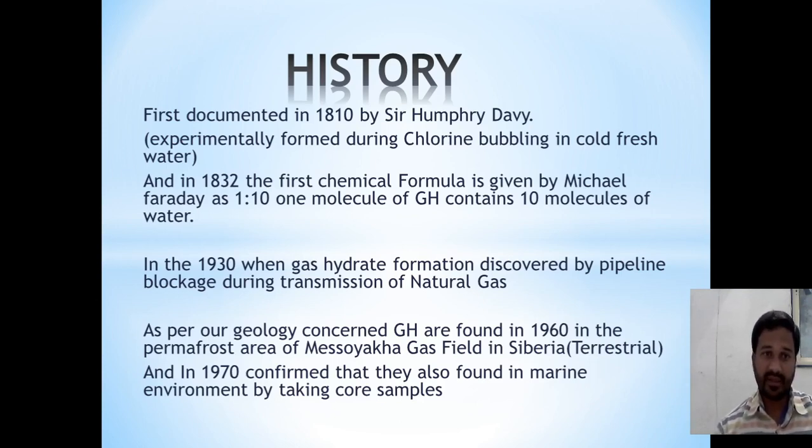In 1832, the first chemical formula of the hydrate was given by Michael Faraday, and he mentioned that one gas molecule is trapped by 10 molecules of water, one molecule of methane, CH4.